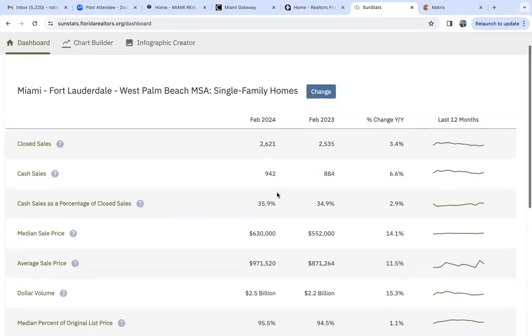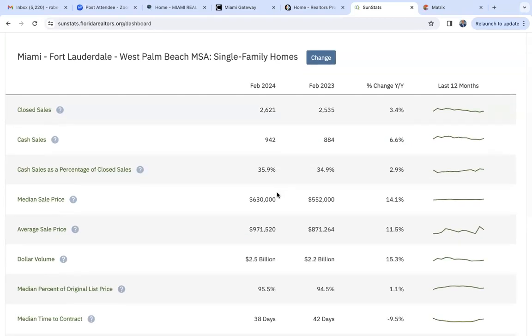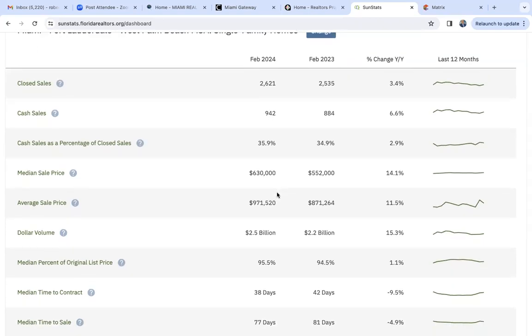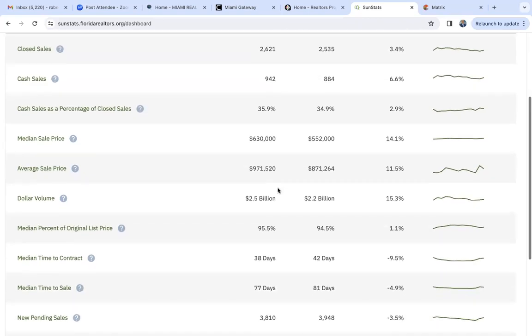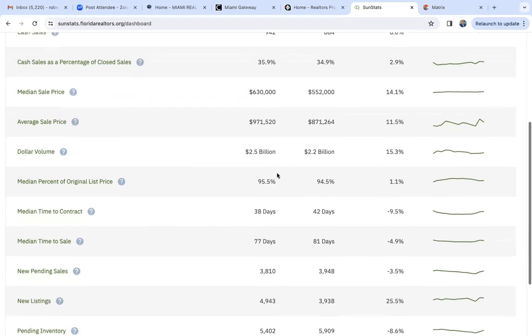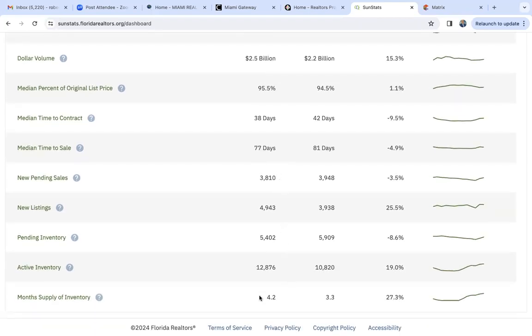That's crazy. You would think our area is larger, and it is, but that Tampa area is booming. We have a dollar volume, however, of 2.5 billion, a billion more than the Tampa area. And we're looking at 4.2 months of inventory, so we are definitely past that seller's market and into a more regular balanced market.